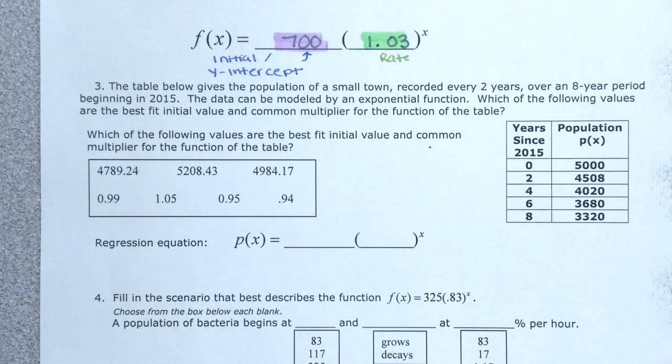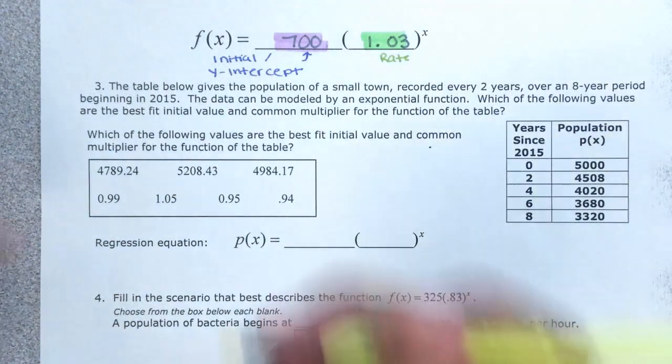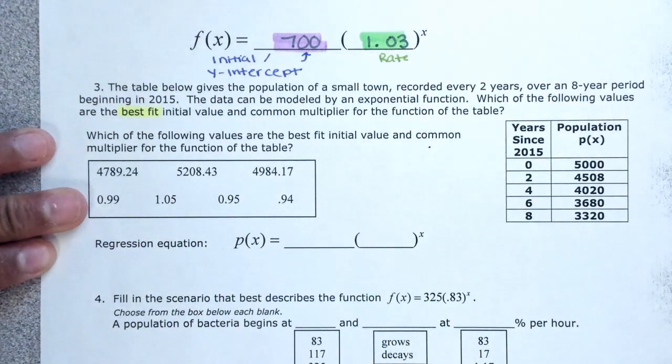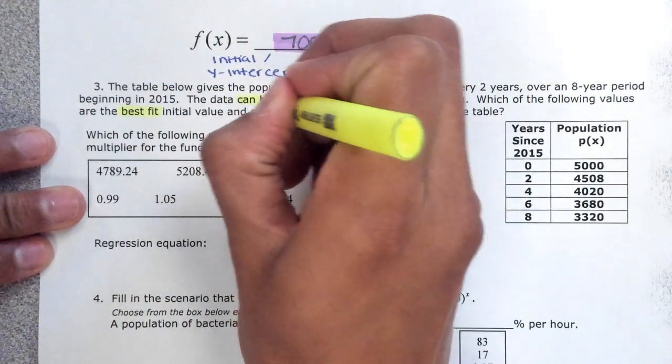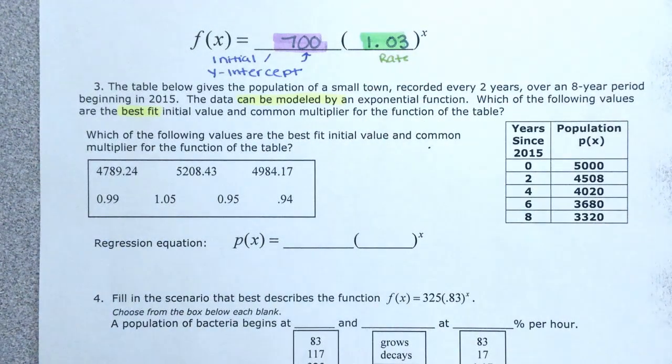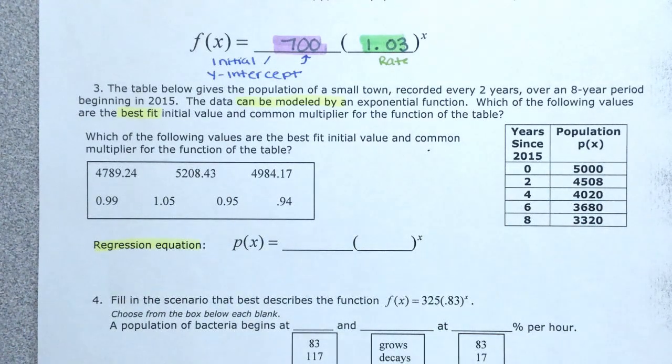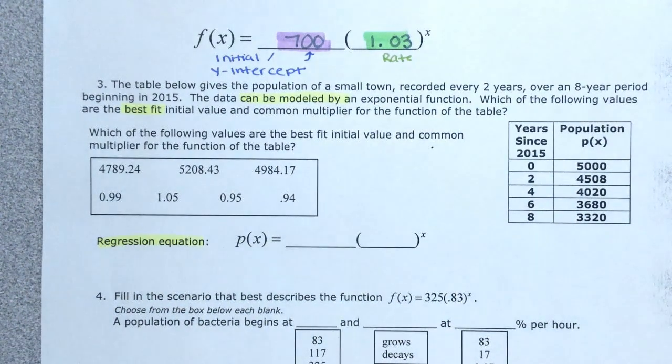So when you see the words best fit and can be modeled by, these are keywords here. Those words tell me that I'm going to use a regression equation. So I'm going to use the regression to help me find my equation.